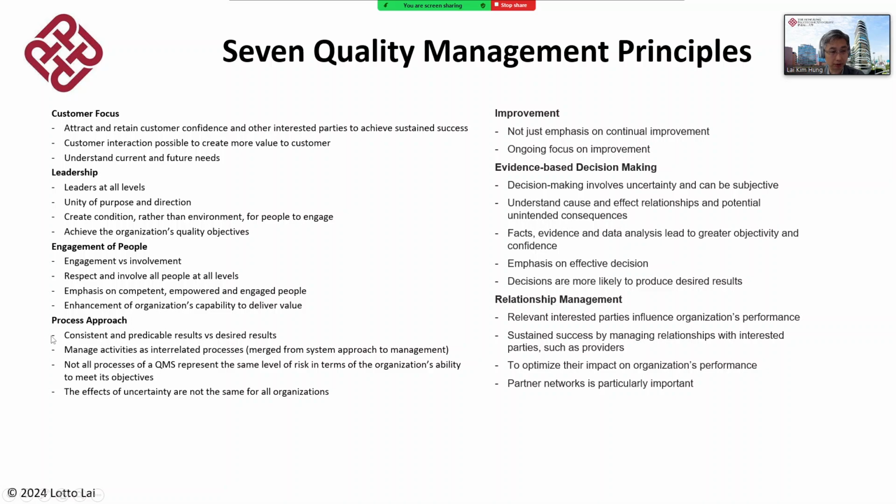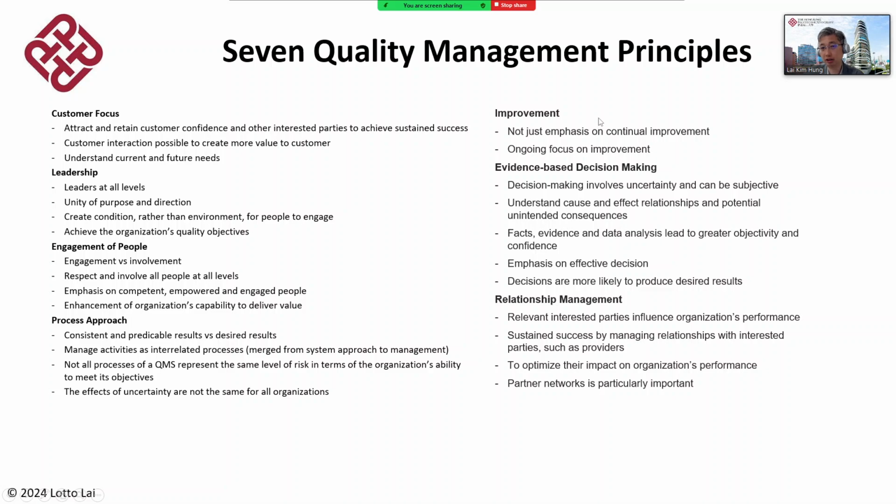With the process approach, we get consistent and predictable results, as desired. Many interrelated processes combine into a system approach to management. And then you need to handle some uncertainty and problems. There are lots of them, and different organizations will have different uncertainties.